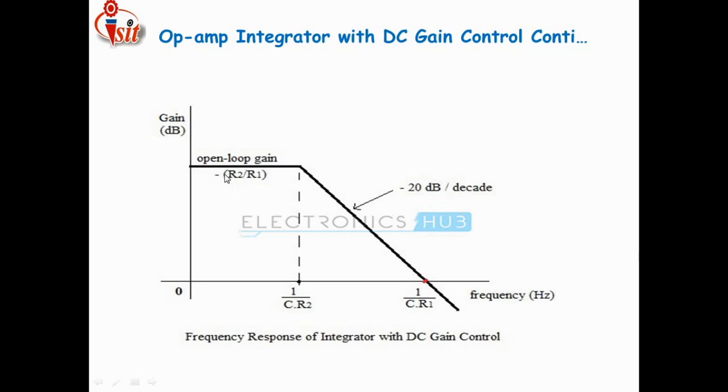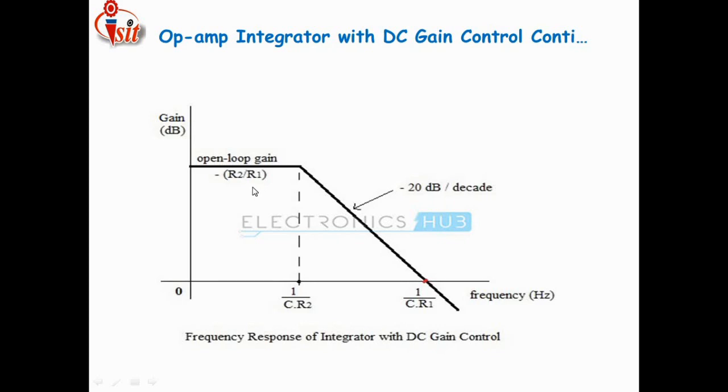Suppose instead of connecting the input to the inverting terminal of the op amp, we connect the AC or DC input to the non-inverting terminal. Then what is the gain? The gain of the non-inverting terminal of the op amp is given by the formula 1 plus R2 divided by R1.